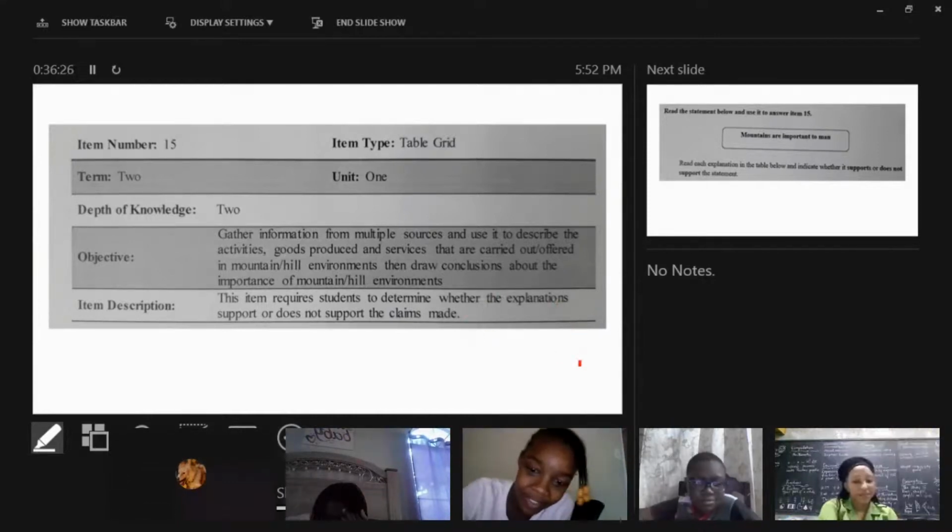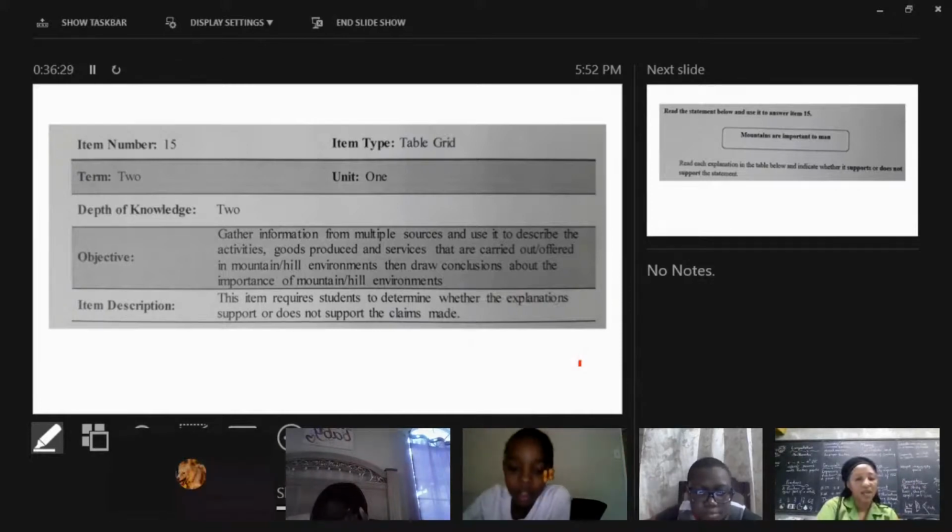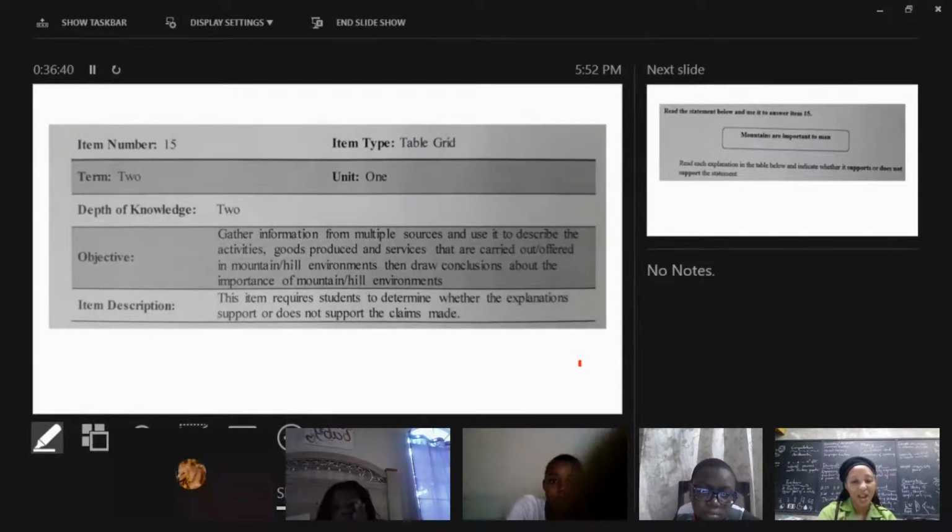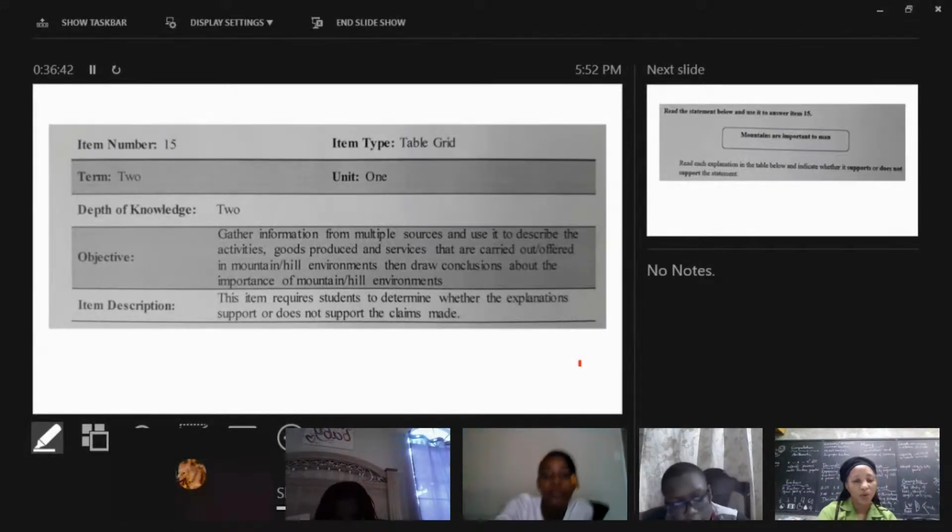Item 15 is a table grid. Our objective is to gather information from multiple sources and use it to describe the activities, goods produced, and services that are carried out or offered in mountain or hill environments, then draw conclusions about the importance of mountain or hill environments.